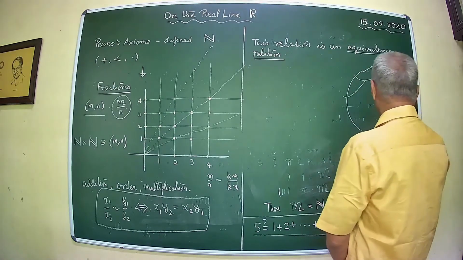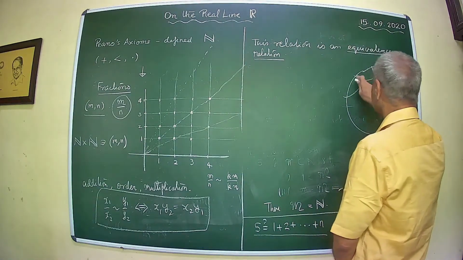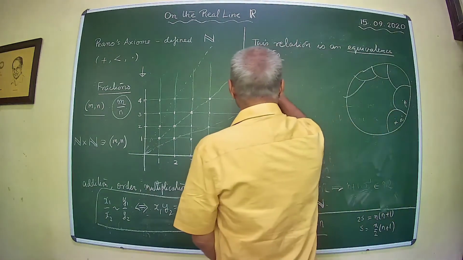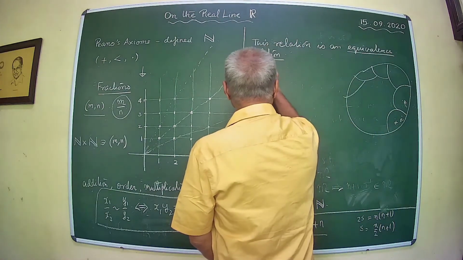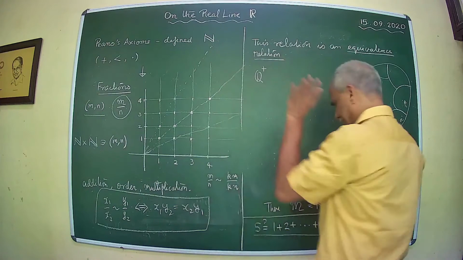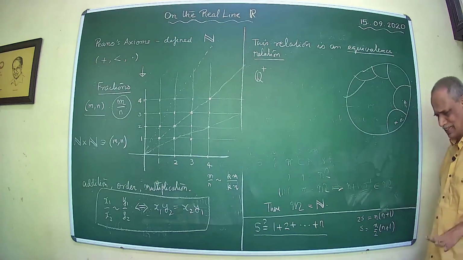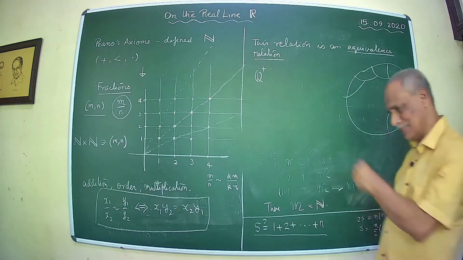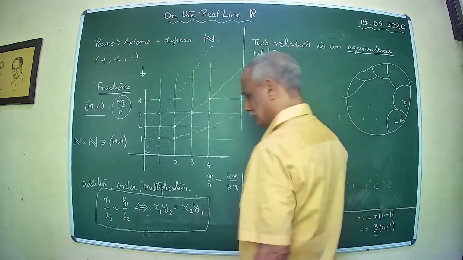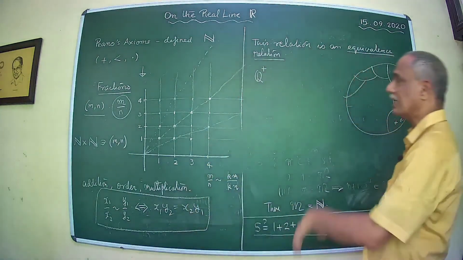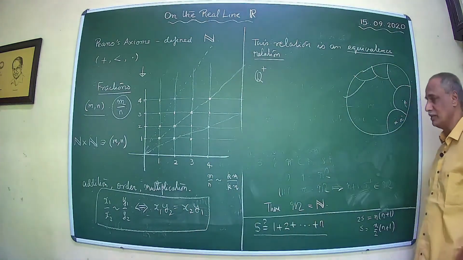Right? Now we define a new class. So the class Q plus. At that time, plus has no meaning there. It's just a symbol. Later you will see why I have put Q plus there. So with some insight, I have chosen the notation. Okay.